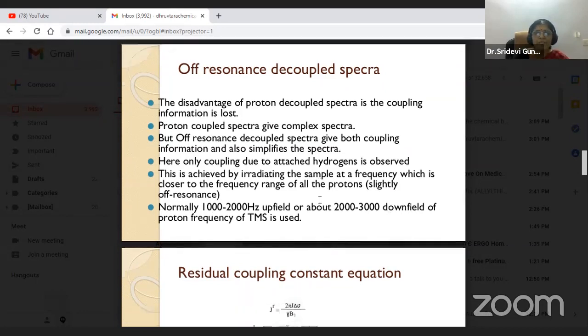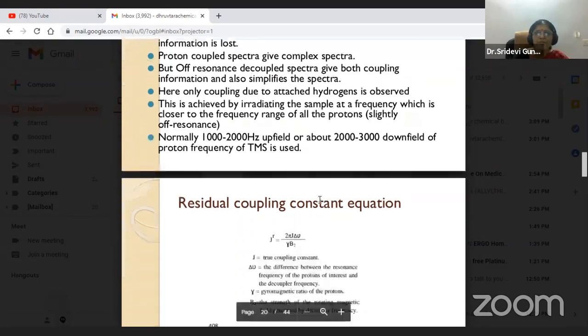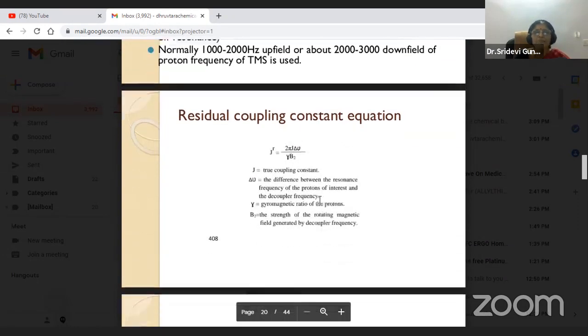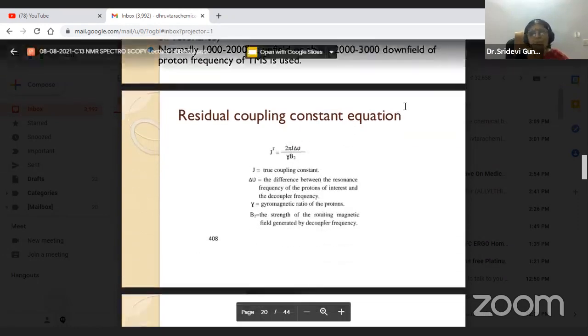So what happens when we use this? The resulting spectrum will not have J2, J3, J4 couplings. Other long range couplings are lost here. Only the coupling between the carbon and its attached hydrogen is observed. And that also is not completely observed. Only residual coupling information is observed.